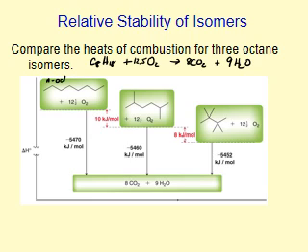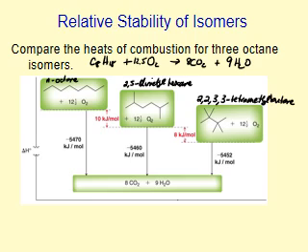And so we could look at different ones. We could look at n-octane, which has the formula C8H18, or we could look at 2,5-dimethylhexane, which also has the formula C8H18, or we could look at 2,2,3,3-tetramethylbutane, which also has the formula C8H18.